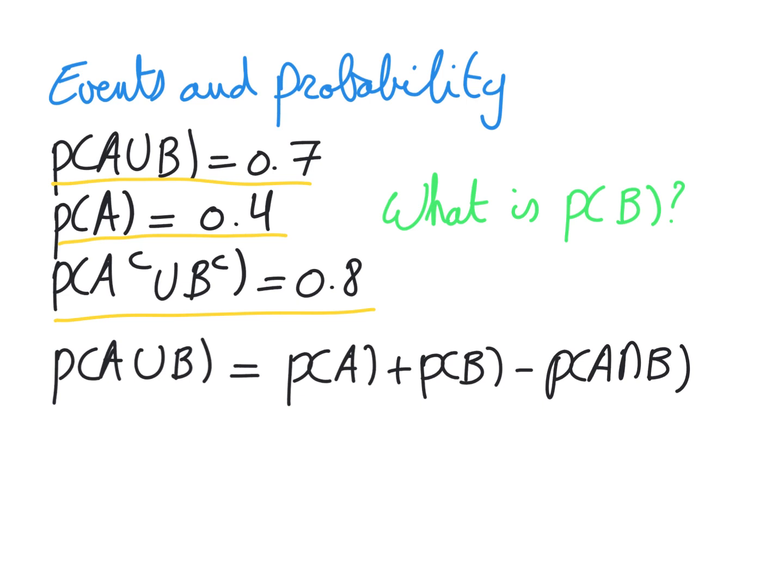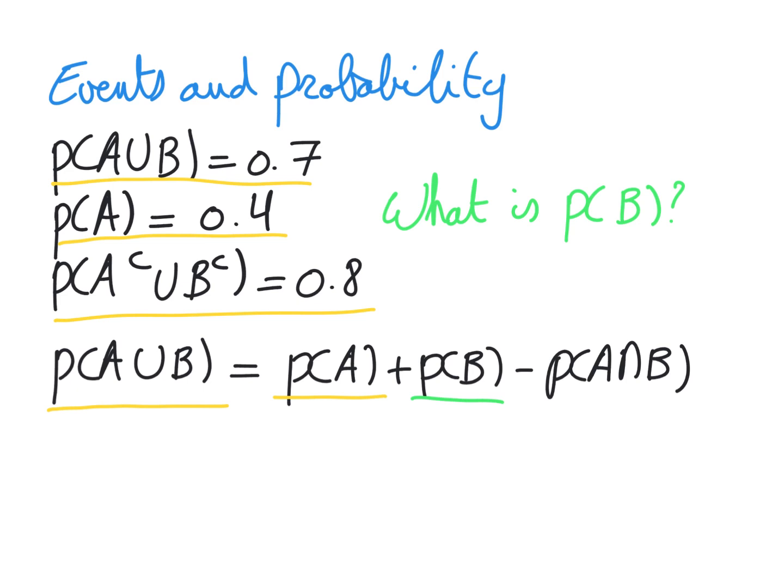We already know what the probability of A is, 0.4. We already know what the probability of A union B is, 0.7. And we're looking for the probability of B. So if we somehow can find the probability of A intersection B, well, then we're done. Then we can compute the probability of B.